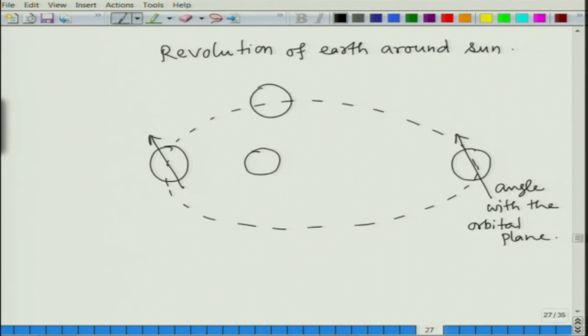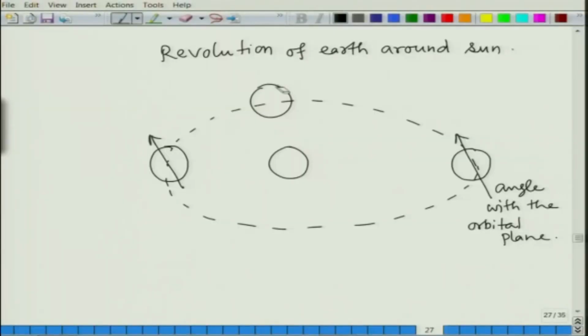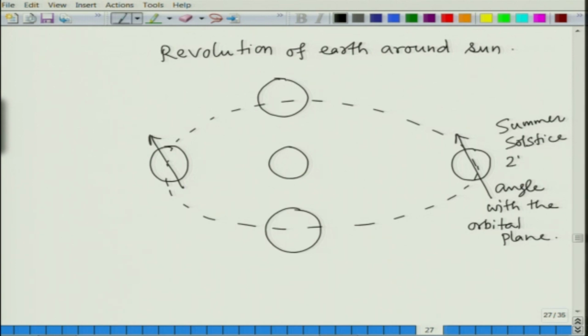Let me just remove this. This whole ellipse is a little bit exaggerated; actually the distance changes by only 1.7%. And what we have seen is that there are a few positions which are worth noting. First is the summer solstice, which is 21st June, and summer means the northern hemisphere summer, which is winter in the southern hemisphere.